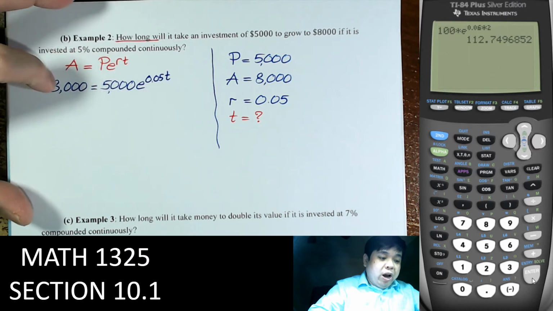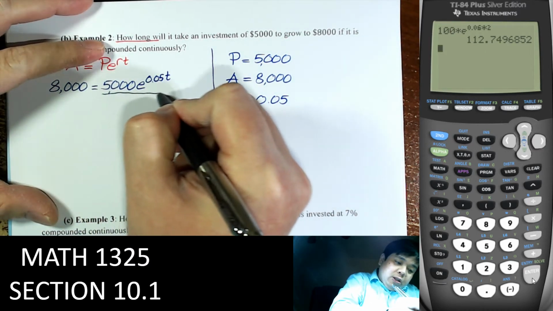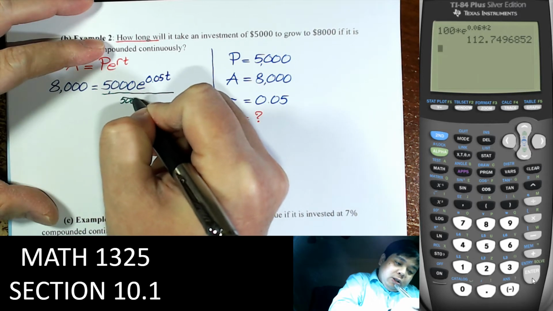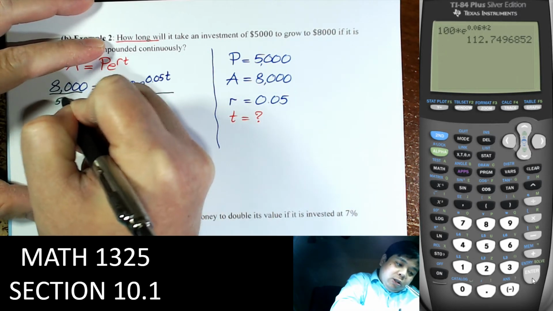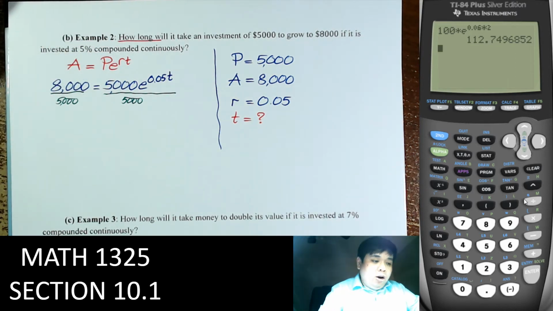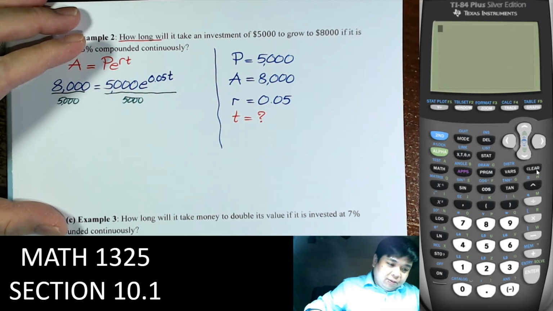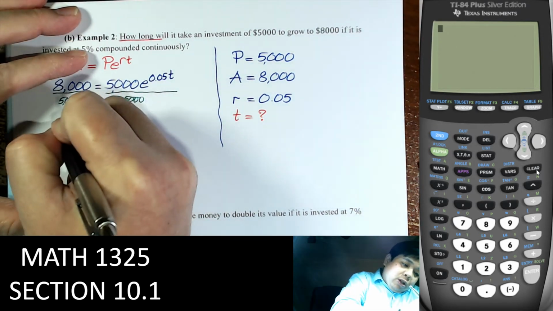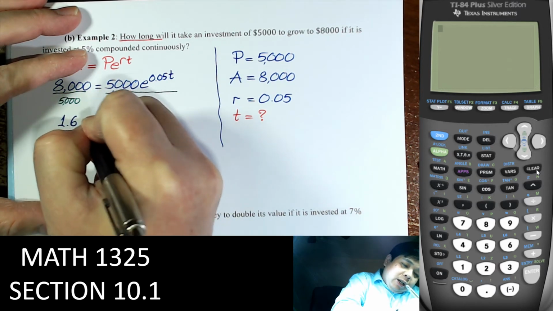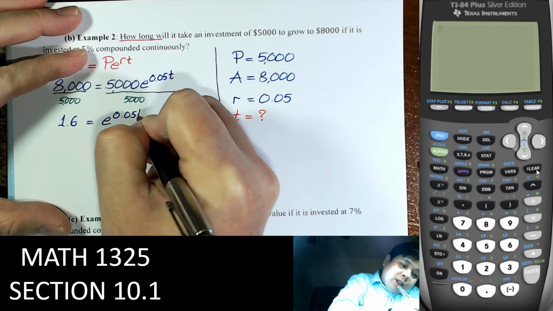So we go ahead and divide by 5,000 on both sides. We just have 8 divided by 5, which is 1.6. So we have 1.6 equal to e to the 0.05t.